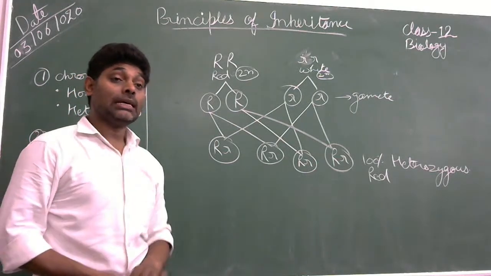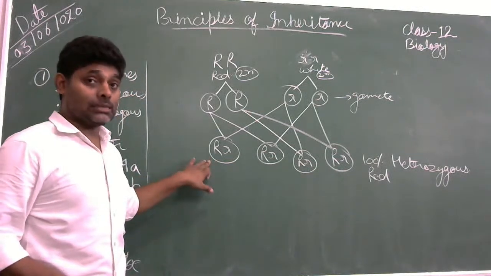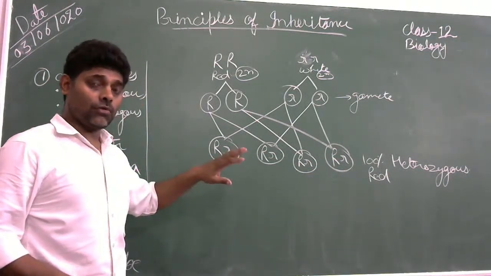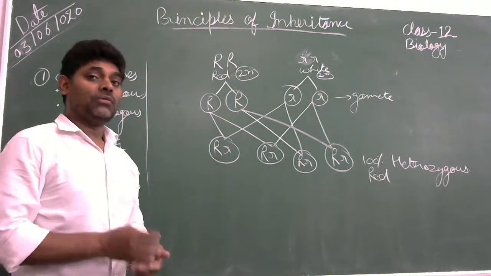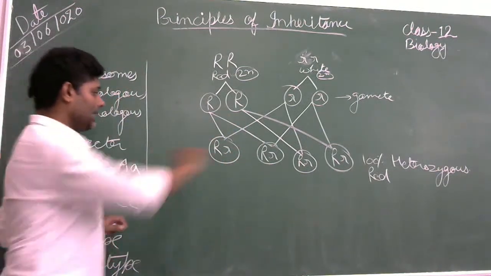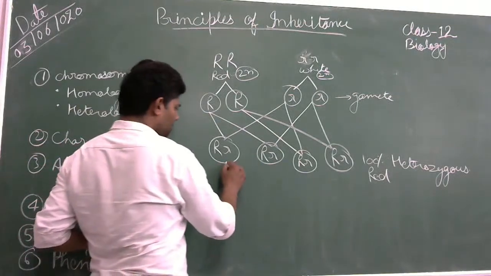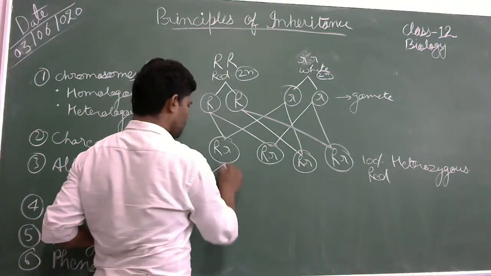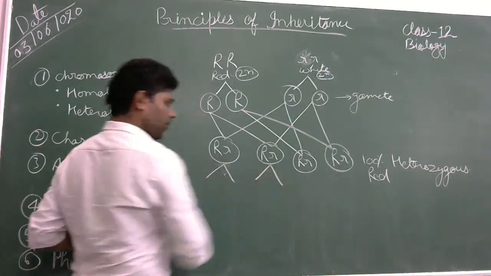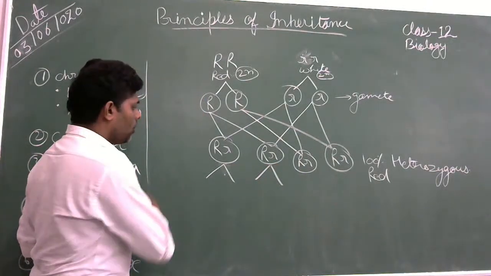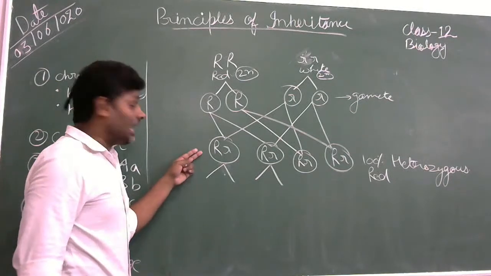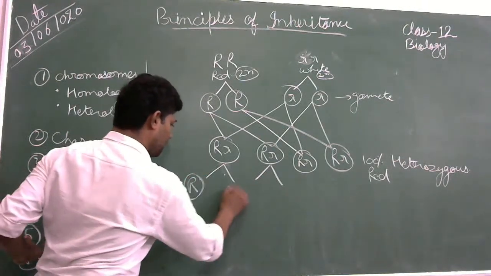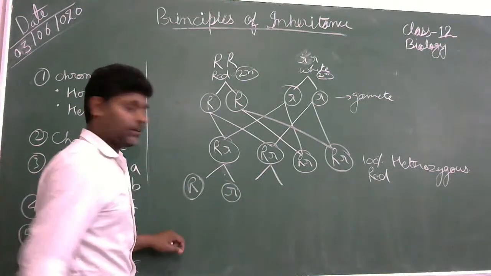Now what happens? When we get these heterozygous seeds, we produce them once again, and when we get the flowers, suppose we are crossing between these two, right? Then what will be the gametes of this one? Capital R, small r.